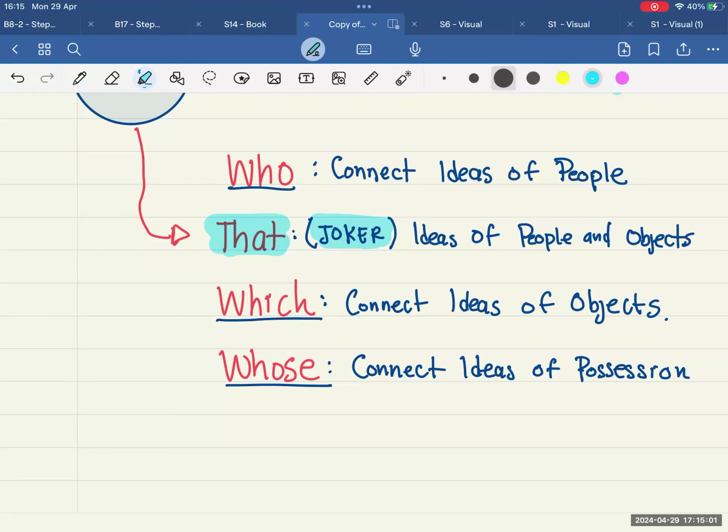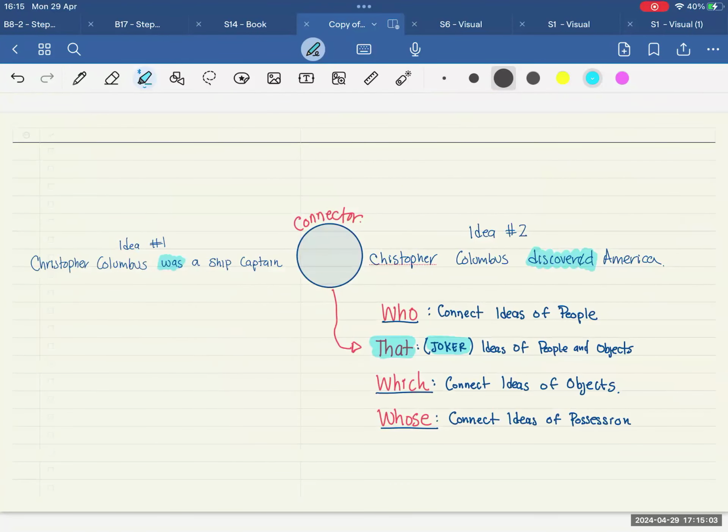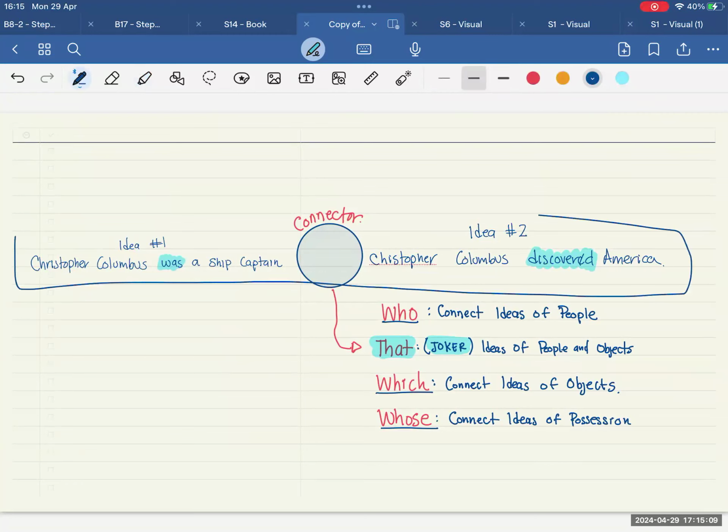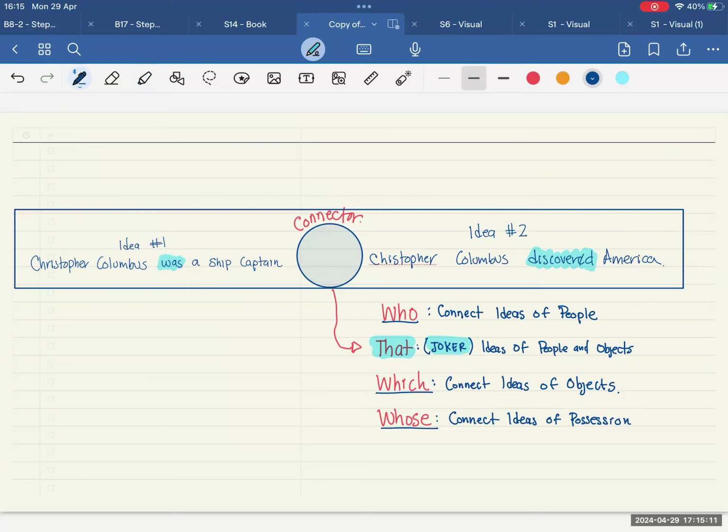Okay, so let's go back to the original idea. We are talking about people, objects, or possession. What are we talking about? People, objects, or possession?